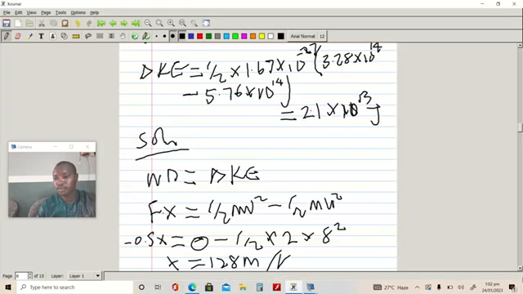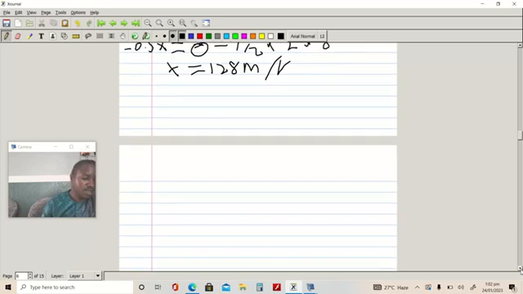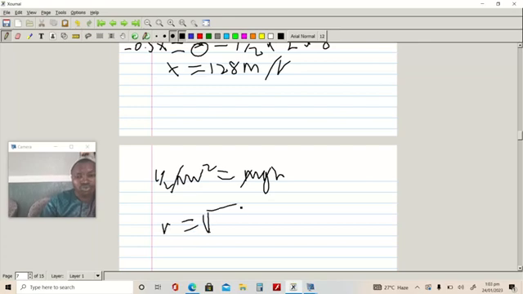Let's illustrate that. So the energy is converted, half mv squared is converted to mgh, so it's going to be equal. So from this, m cancels m, then v is going to be equal to the square root of what?